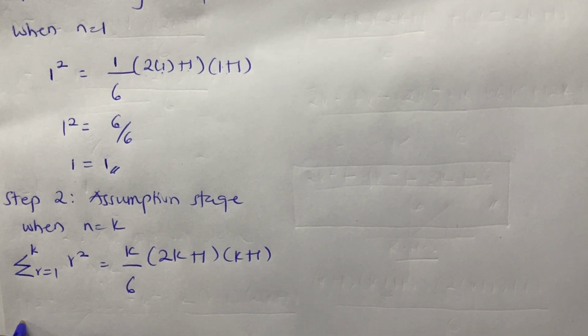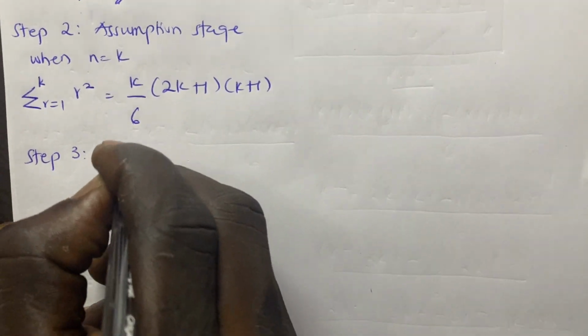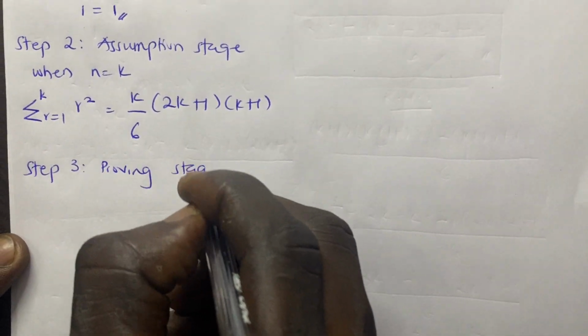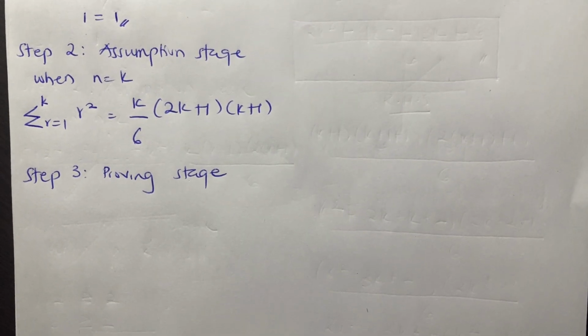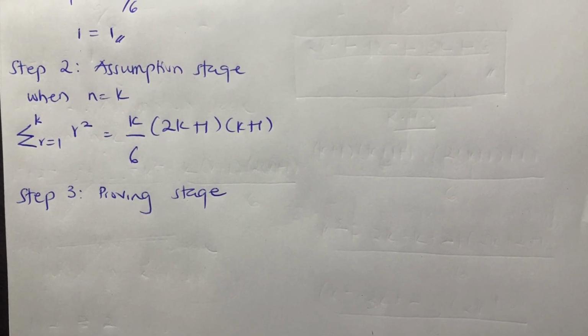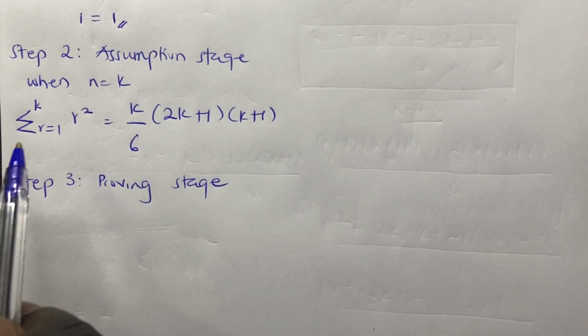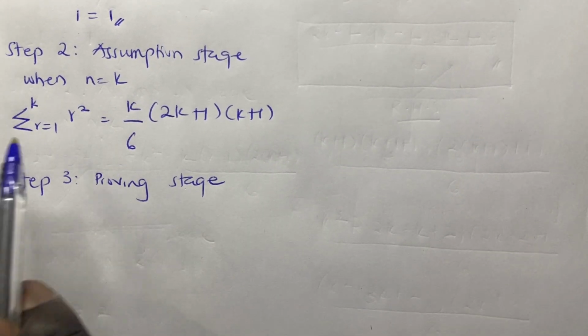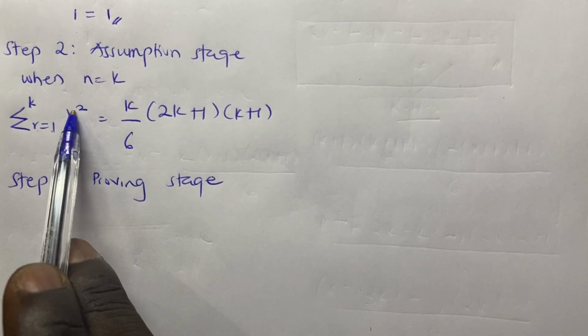Now stage 3, or step 3, which is the proving stage. This time round we are going to convert r to k plus 1 and not n, because we are saying that when we sum all these, when r starts from 1 and gets to k, this is what we should get, right?